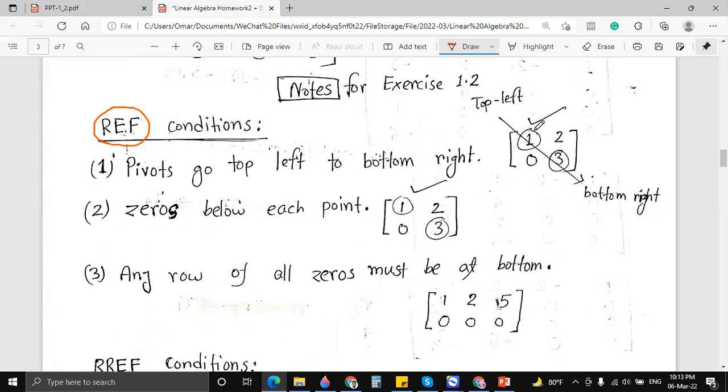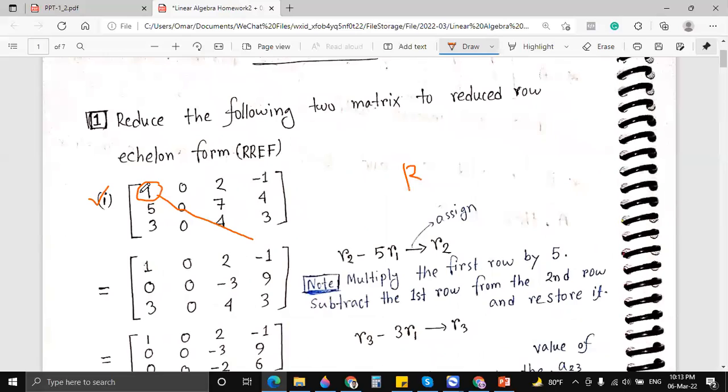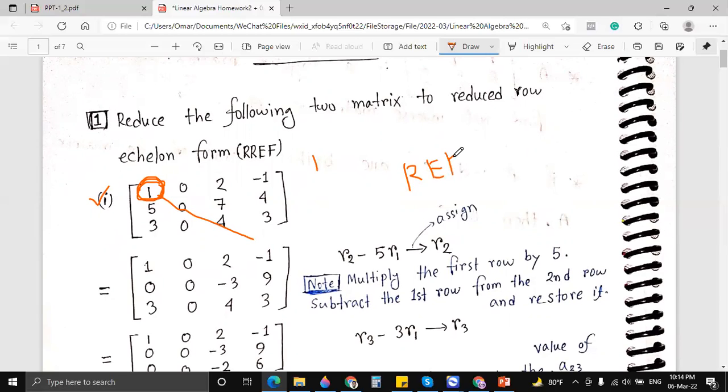That means our pivot points will go from top left, this point, to bottom right, this point. For example here, this one is our first pivot point, right? In REF form, our pivot points go this way, from top left to bottom right.